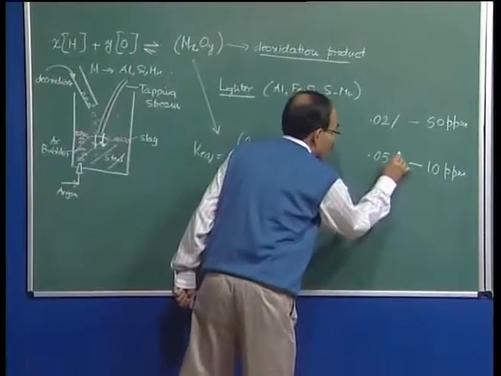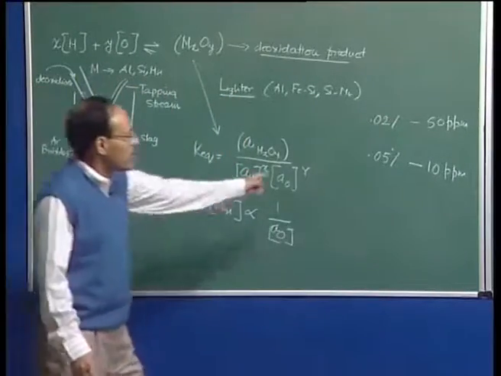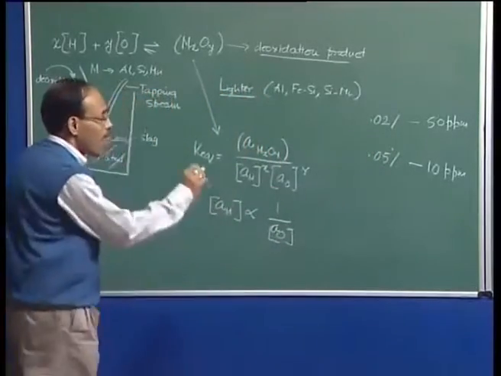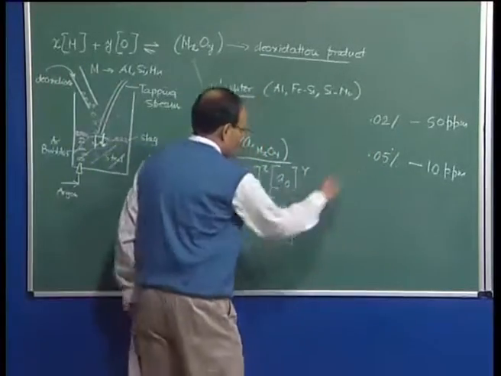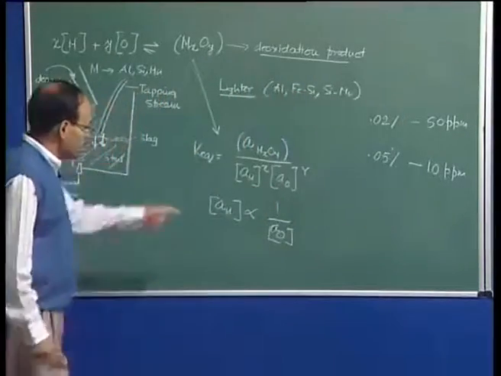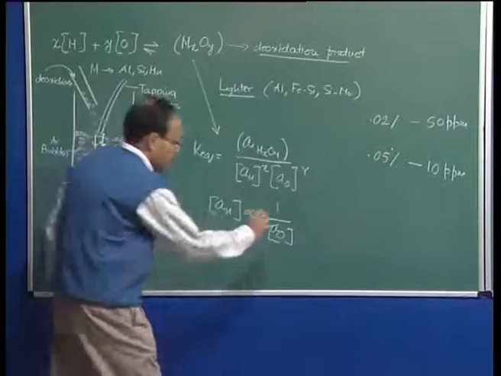So maybe, to show a realistic value, I would say that it will go up to this level. These are not exact values, you have to calculate it out, but I just want to show the trend that if one goes down, the other goes up, and this is as a result of the consideration of the deoxidation equilibrium. So this is at a given temperature.